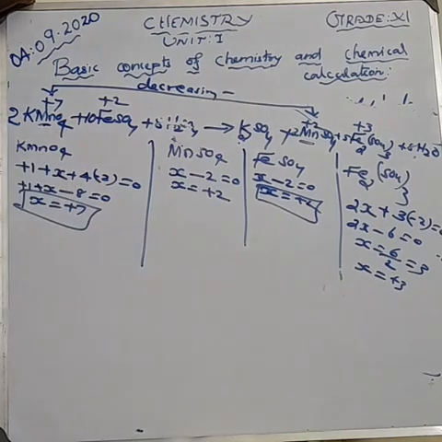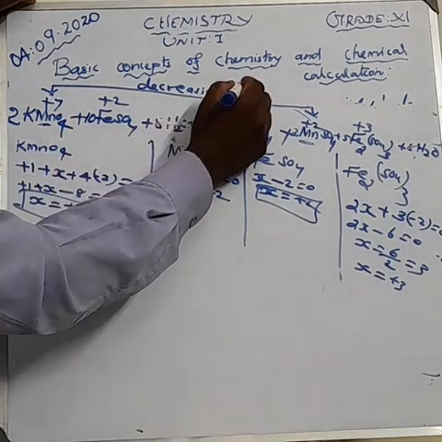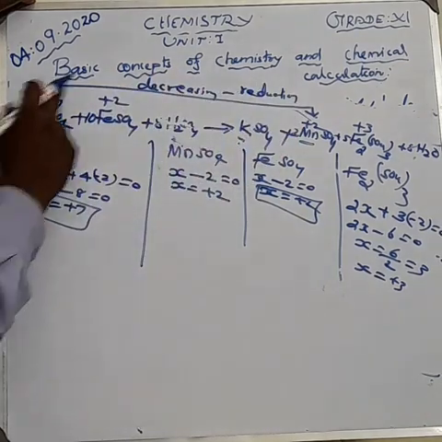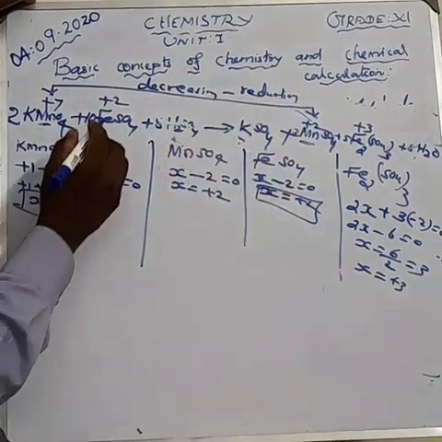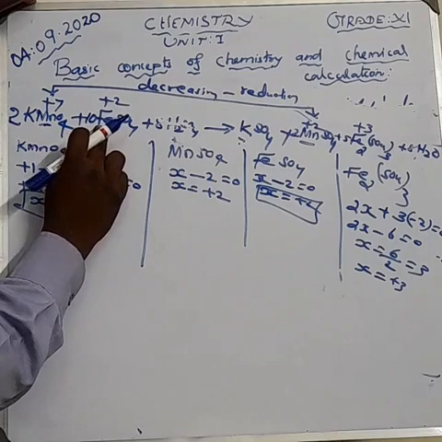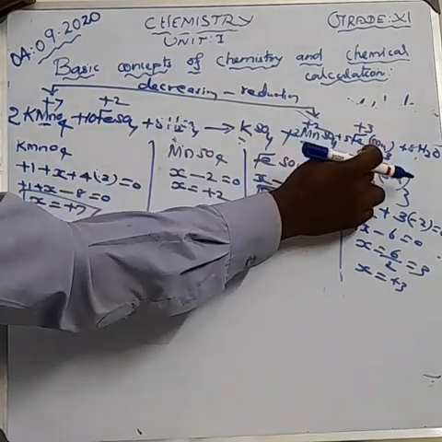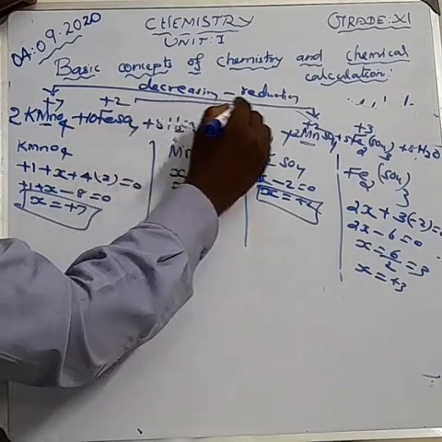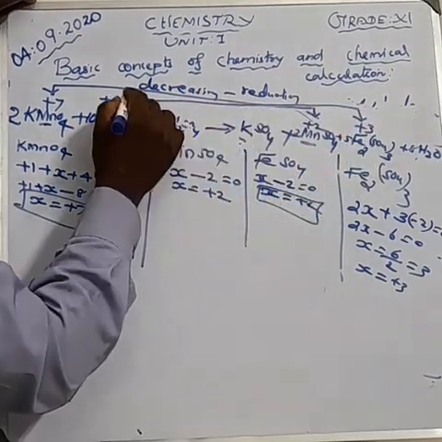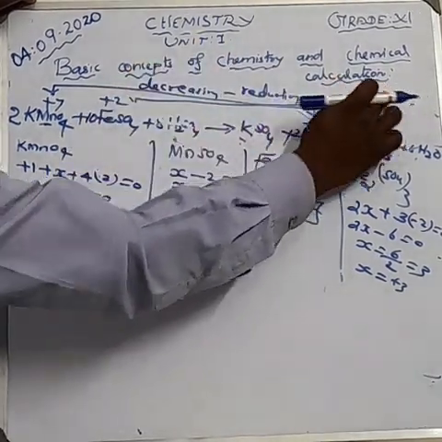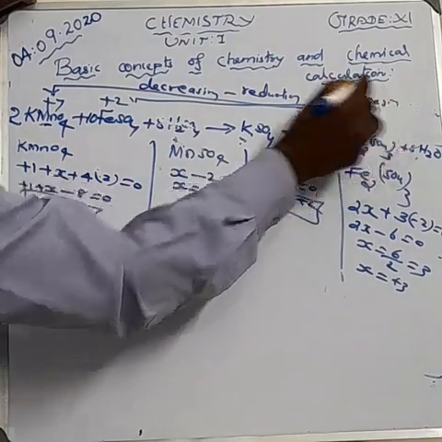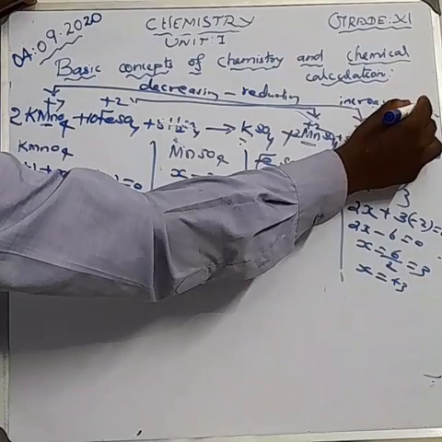That is called reduction. Okay, decreasing means reduction. Second, here Fe is plus 2, here Fe is plus 3. It is increasing, plus 2 to plus 3 is increasing, so this is oxidation.